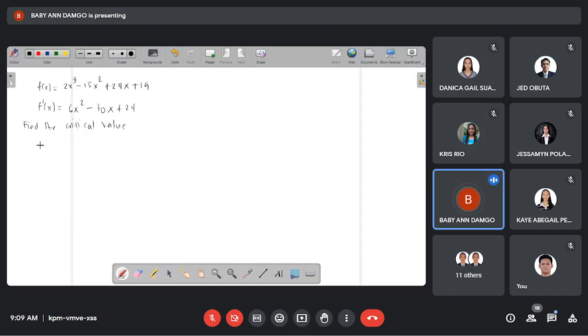So we equate it to 0: 6x squared minus 30x plus 24 equals 0. Factor out 6, so we have x squared minus 5x plus 4 equals 0. Factoring, this is x minus 4 times x minus 1 equals 0. So x minus 4 is 0 and x minus 1 is 0, so we can imply that x is 4 and x is 1.